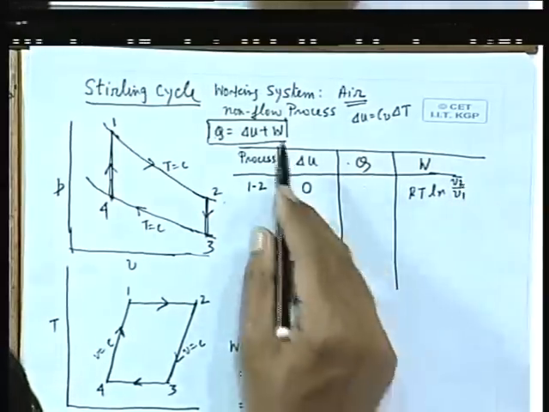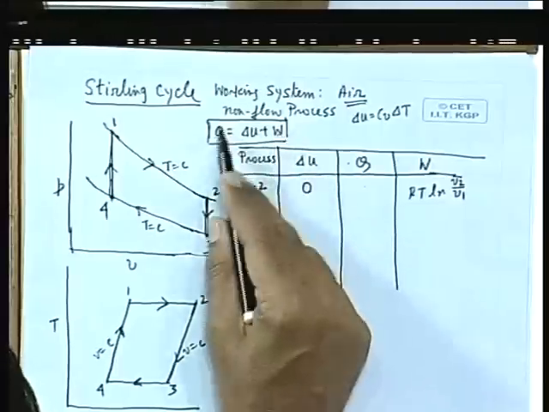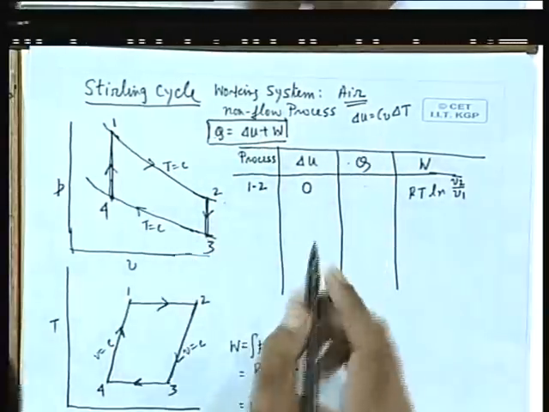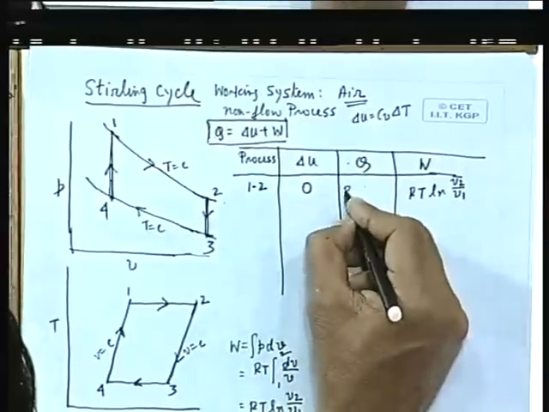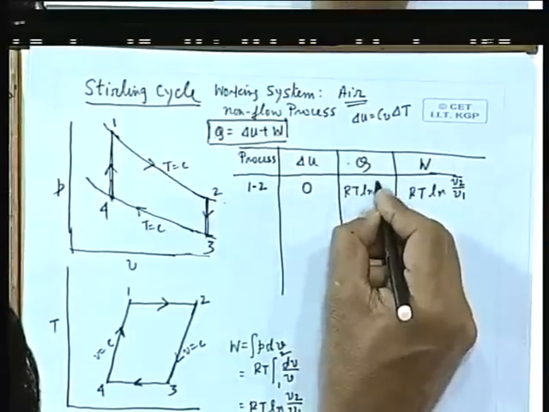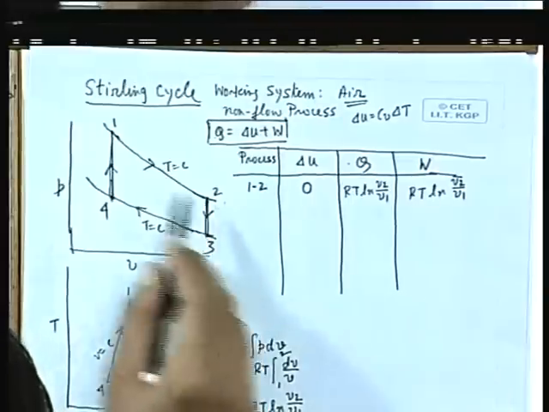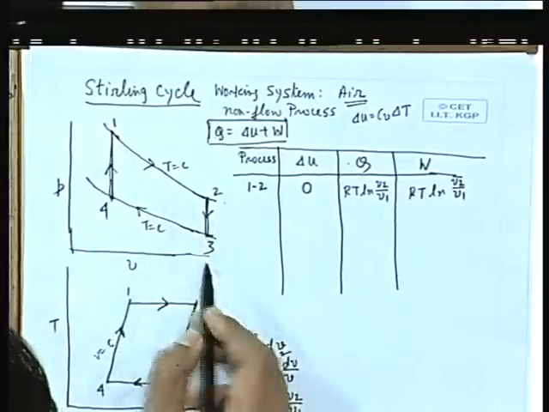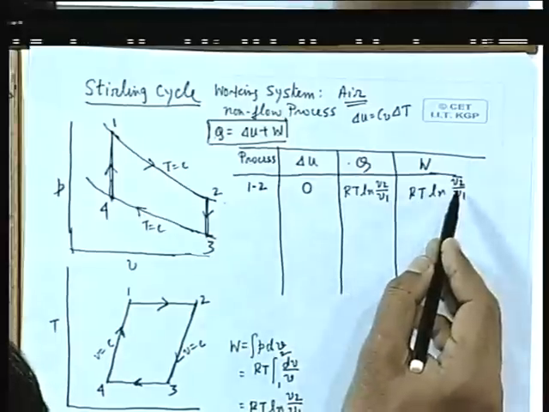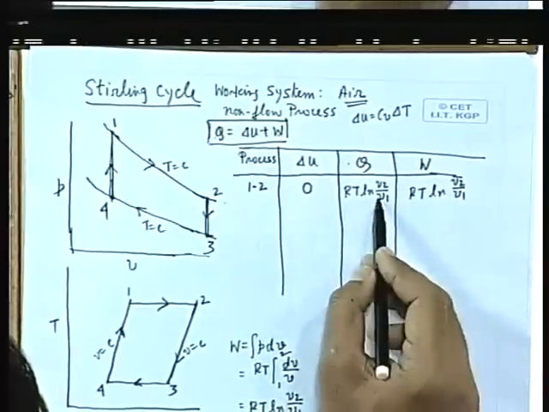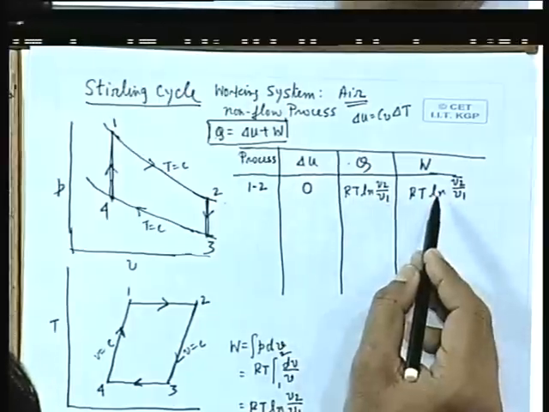And you see, since Q is equal to W from the first law, since delta U is 0 for an isothermal process where temperature remains constant, I can write Q as RT ln V2 by V1. Now, you see V2 is more than V1 from the PV diagram. So, therefore, this is positive. This is positive means what? The heat is being supplied, and W positive means work is being delivered.